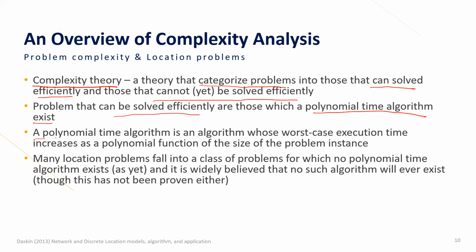The algorithms used to solve this type of problem, which are proven to solve that problem, like Dijkstra, are normally called polynomial time algorithms, and we can use them to approximate the worst case execution time for the problem size that we have.